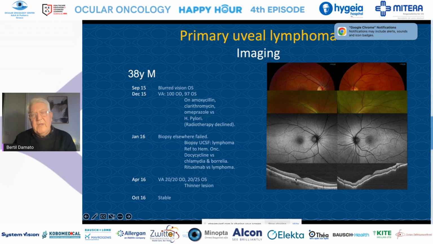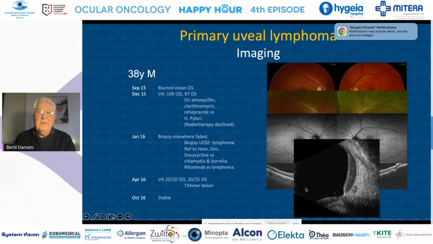Whereas in the right eye, you don't have a lumpy appearance and you can see the normal choroidal vasculature. And then on ultrasound, you can see the diffuse thickening of the choroid, similar to diffuse choroidal hemangiomas, but with a low internal acoustic reflectivity.